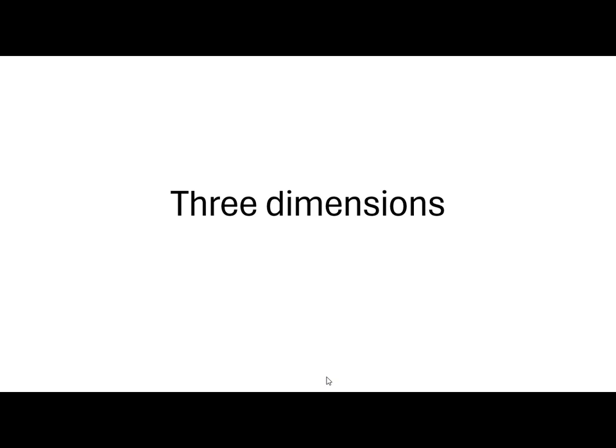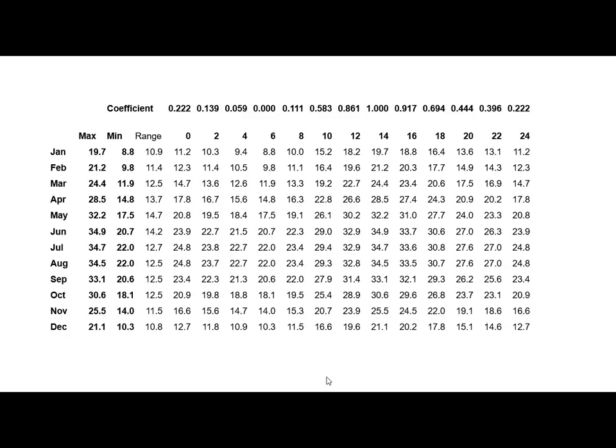3 dimensions is another interesting type of graph that most people don't know exists. This is a table with some field measurements, a time series of temperature in Cairo, and we have certain coefficients in the first row, maximum and minimum values of temperature for each month and the range, and we do a simple calculation to see the difference in temperature along the 12 months of the year and the 24 hours of the day.